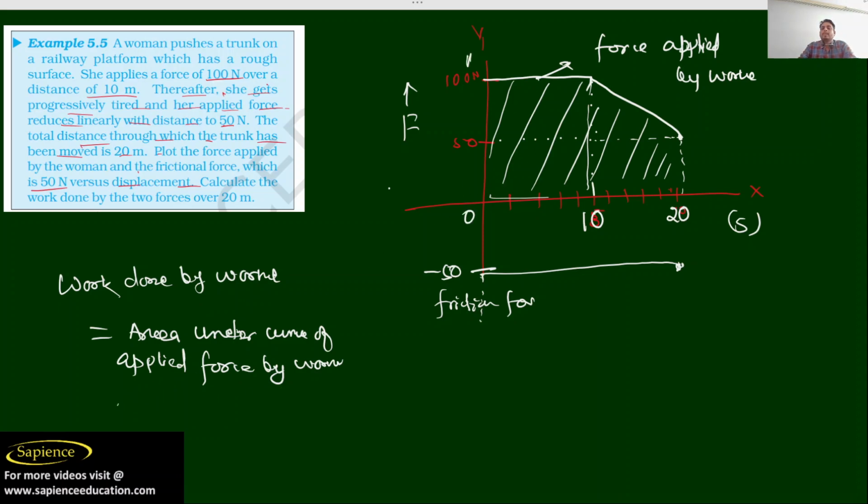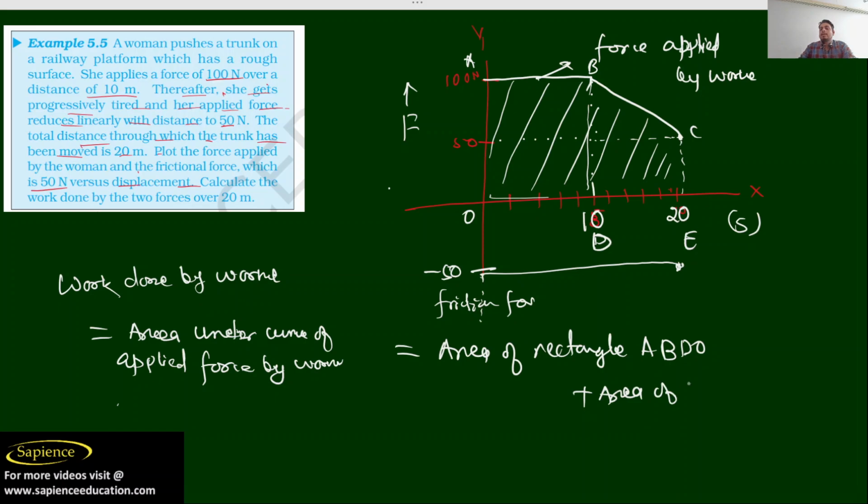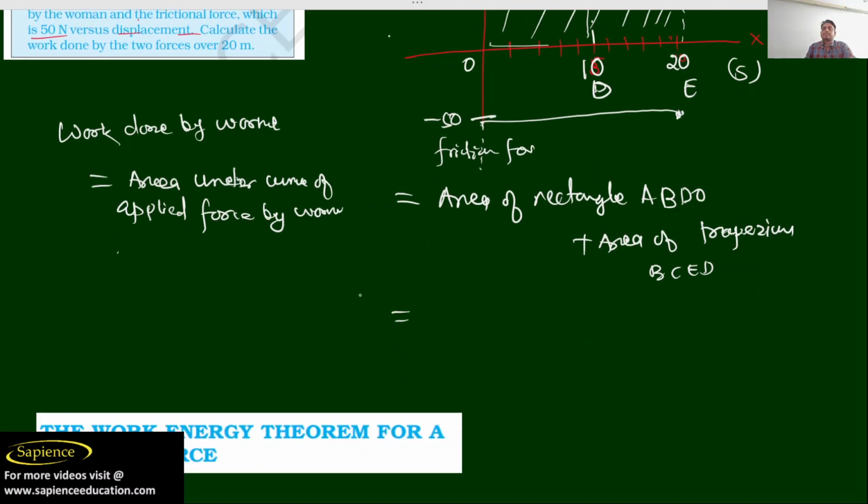Let us consider O, A, B, C, D, E. So it will be the area of rectangle ABDO plus the area of trapezium BCED. So we will get, cancel.